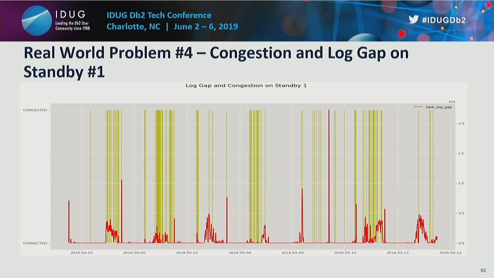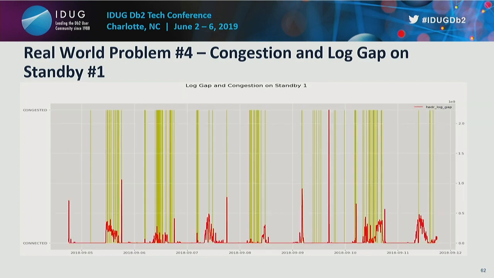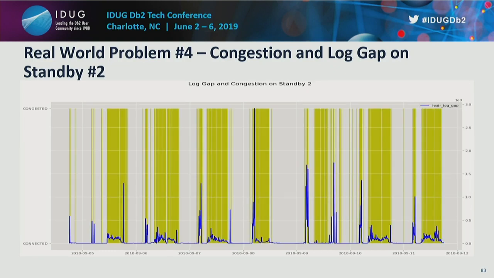The red means that's time when there was a log gap. So this is standby number 1. This is the one in the same data center. This is the one in the other data center. And this is not good. We are not used to seeing this much yellow. We do not want to see this much yellow. And the red and blue lines, that indicates there's something slowing down HADR very significantly in these cases.